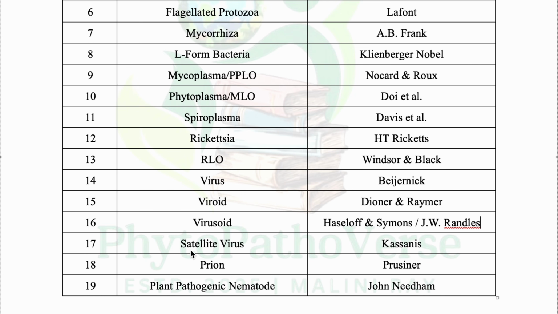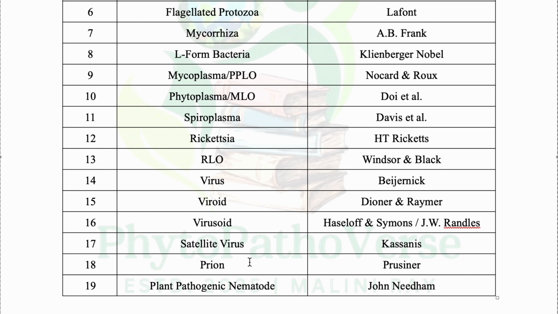Okay, coming to this satellite virus. It was discovered by Casanis. Again, there is a very similar thing between virusoid and satellite virus, which is what? Both require the help of a helper virus for its replication. But virusoid, they don't have a protein code, whereas satellite virus, they have a protein code called capsid.